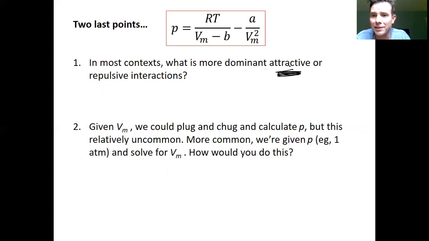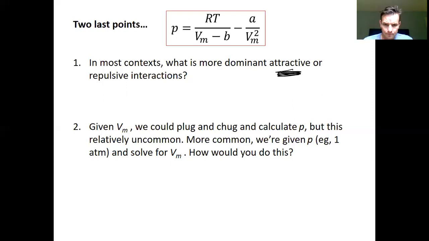Attractive. Remember that in order to experience repulsive forces, the molecules have to be really, really close together, whereas to experience attractive forces, they can be further apart. So in most chemical contexts, it's the attractive forces that we're really worried about. Repulsive forces very seldom come into play.